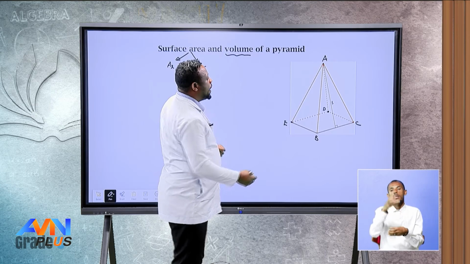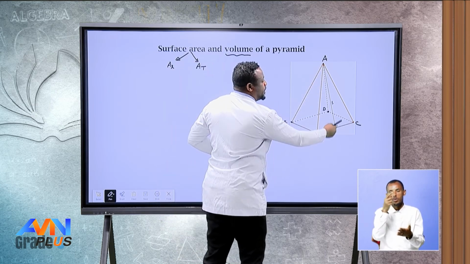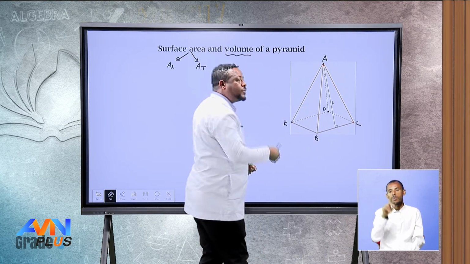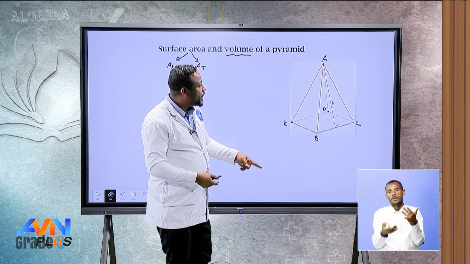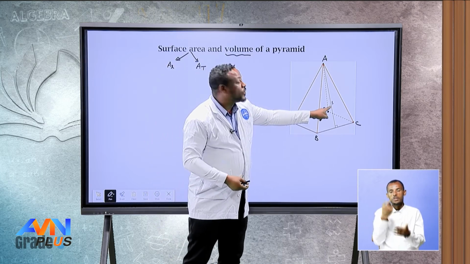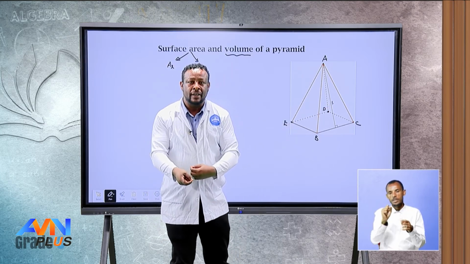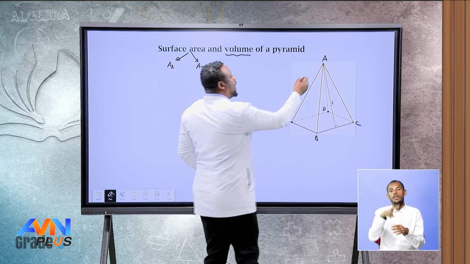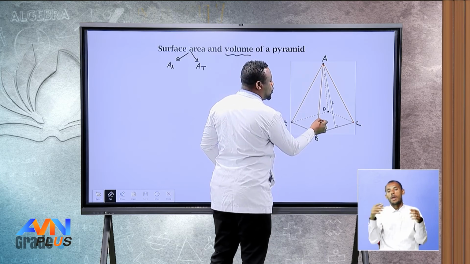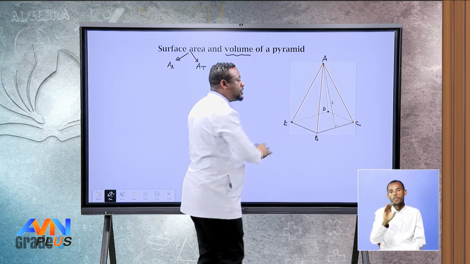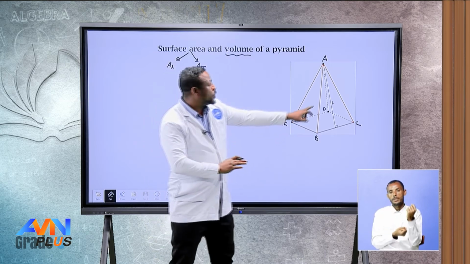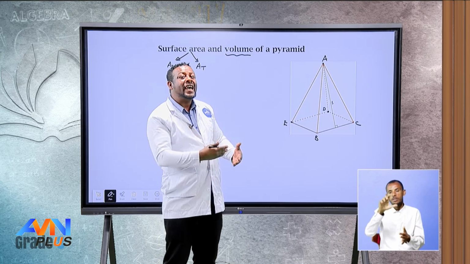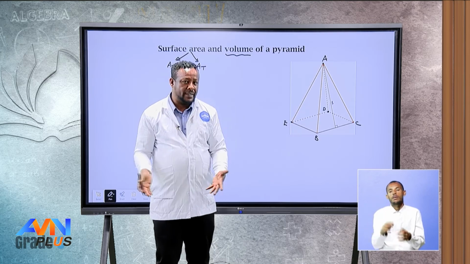Now here, there is a line joining the vertex to one of the base edges, forming 90 degrees, and this is considered as a slant height. Don't forget the vertical height is a line joining the point A to the point at the center of the base. So this L is roughly the slant height. We will use this L to calculate the area of each face.